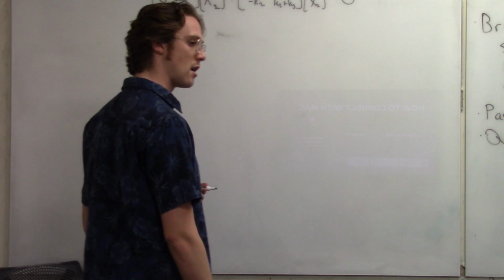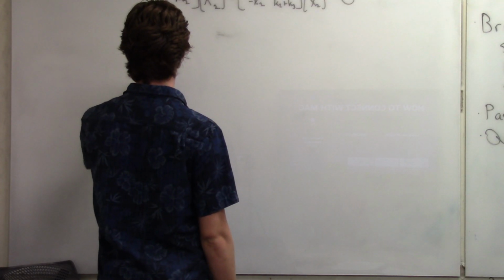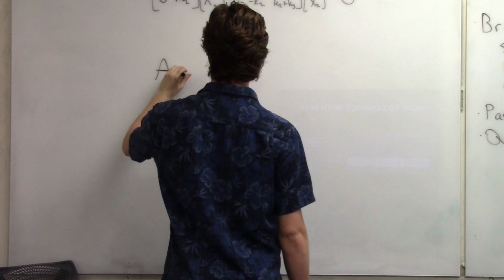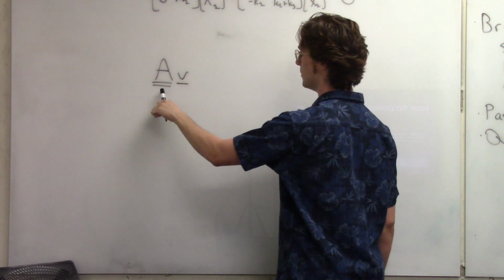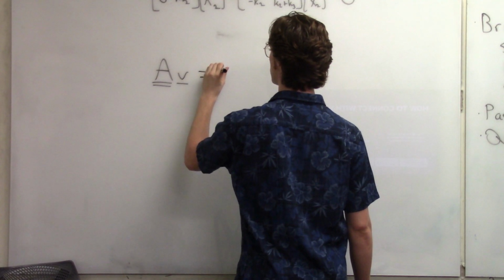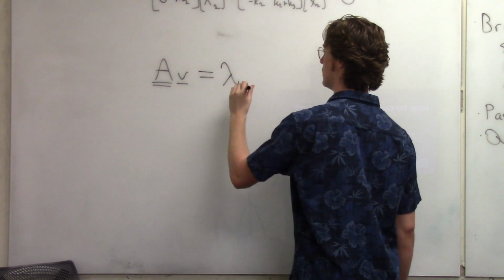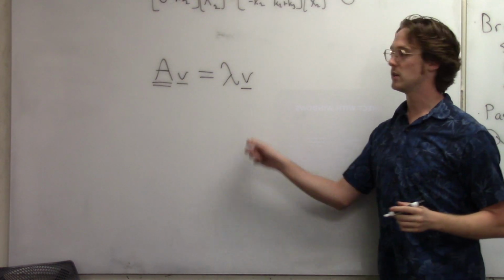So the eigenvalue problem, by definition, is this. You can have a matrix times a vector, so this is matrix notation, this is vector notation, equal to a constant times that same vector. This is the definition of an eigenvalue.